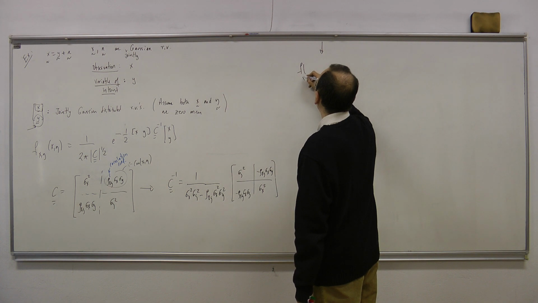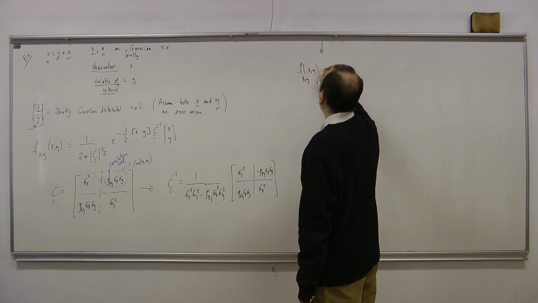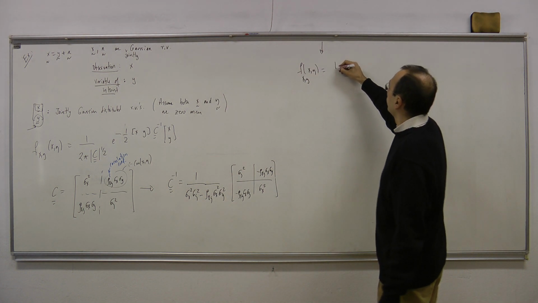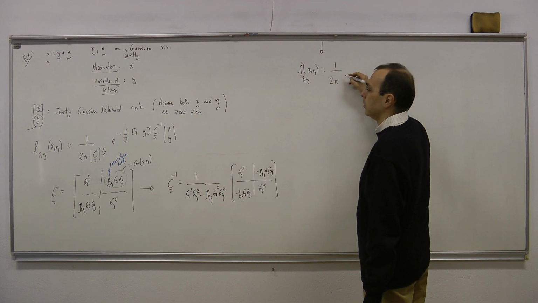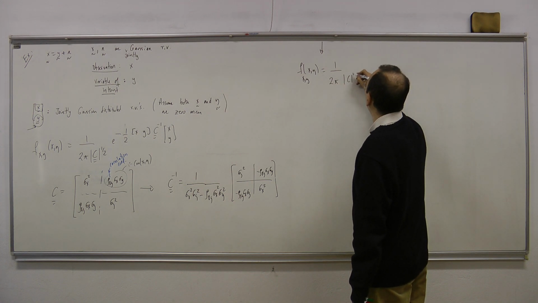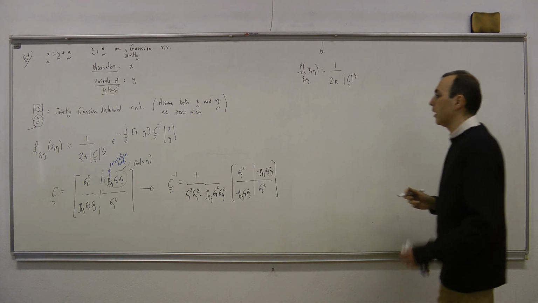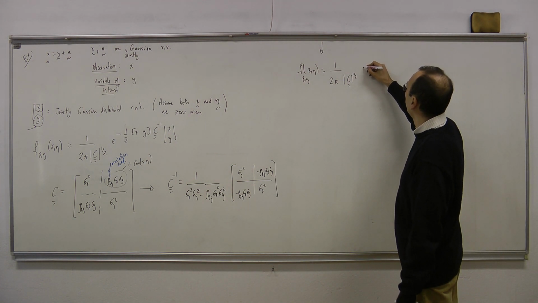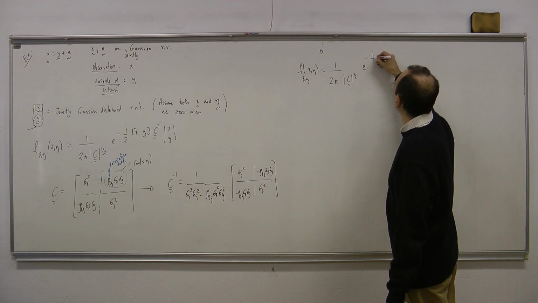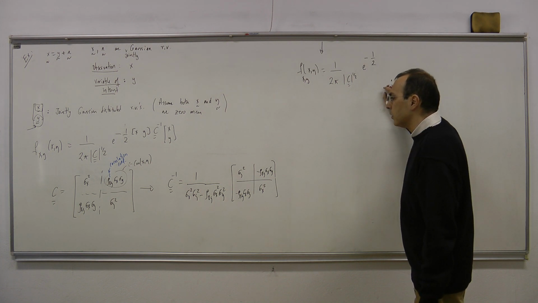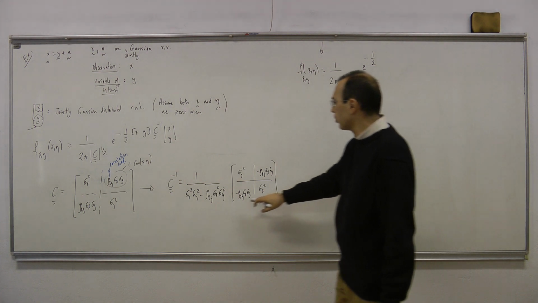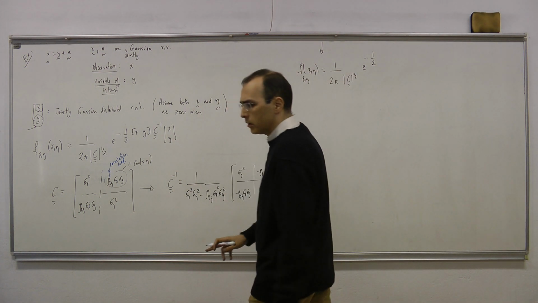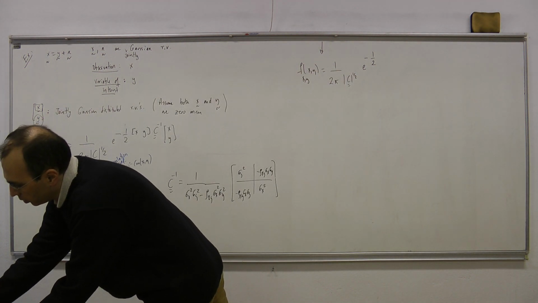Then the joint density expression for two random variables which are jointly Gaussian distributed will be e to the minus 1/2. Then let me be careful. I should write this over here. Let me look at my notes.